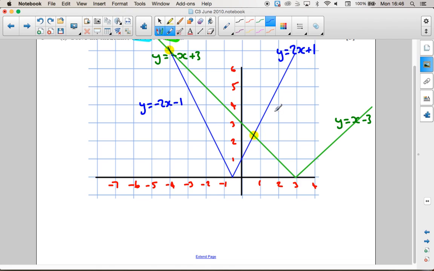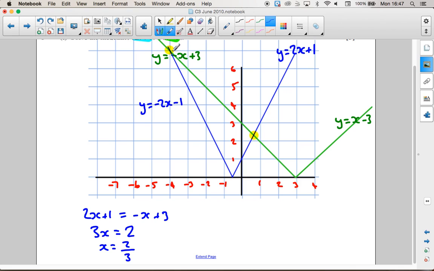Well, this intersection point comes from when 2x plus 1 meets the minus x plus 3 line, and if we solve that by adding an x on, that's going to give me 3x equals 2, so x is 2/3, and that roughly looks about right, just between 1/2 and 1 somewhere.